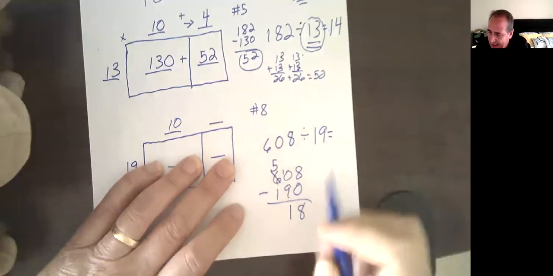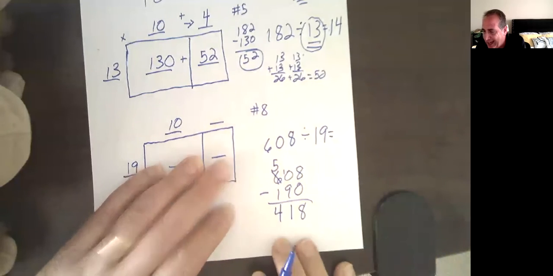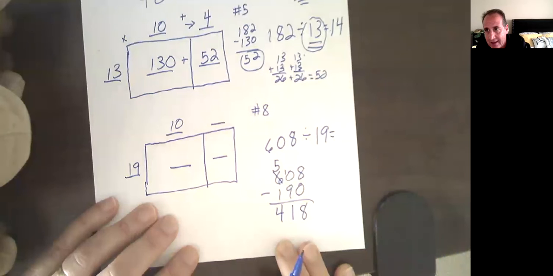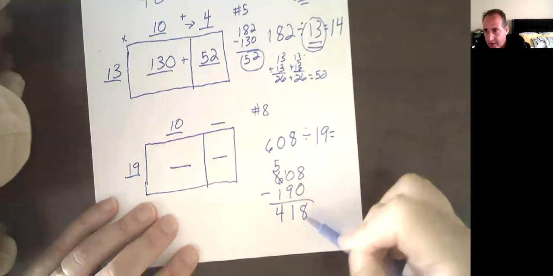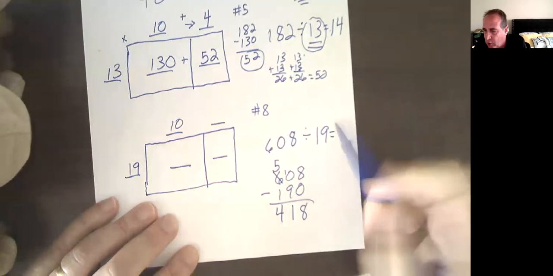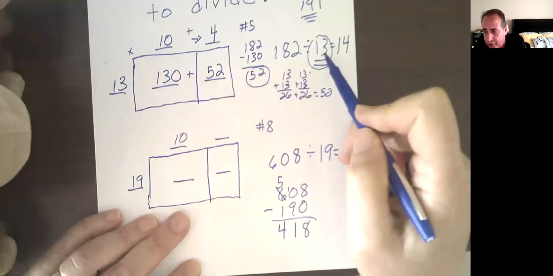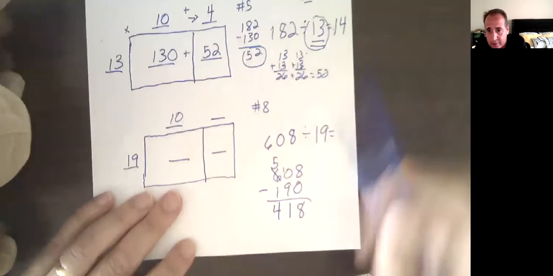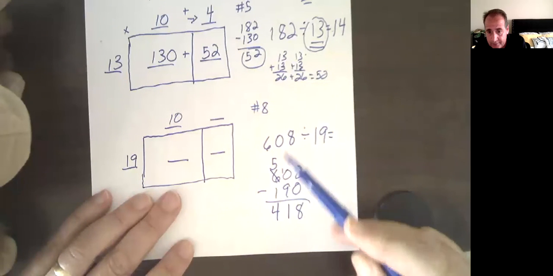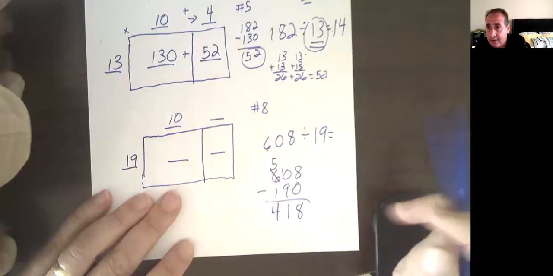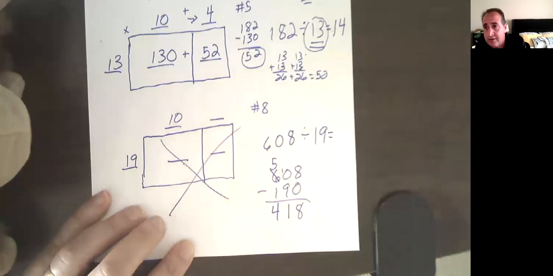You're still 418 away. How many 19s go? That's way too hard, so don't do it. If you're not close, you estimate first. Here I estimated 130 is close to 182. Here, 190 is nowhere near 608, so I would not use it. Here I would just use regular division.